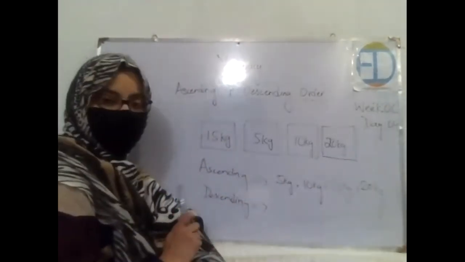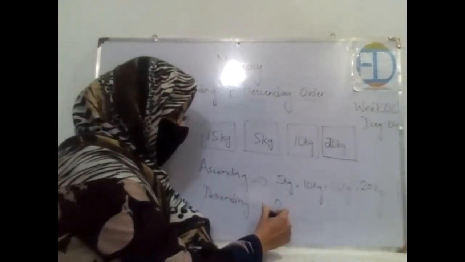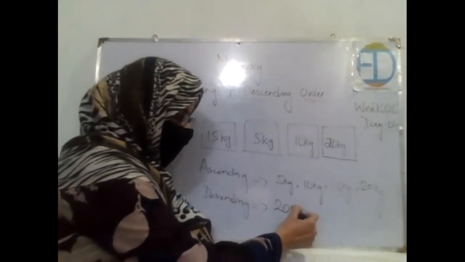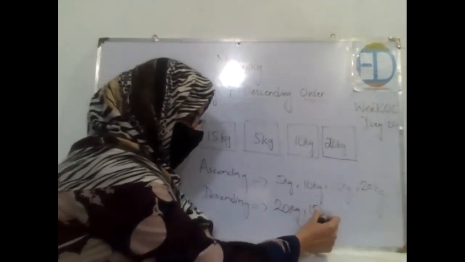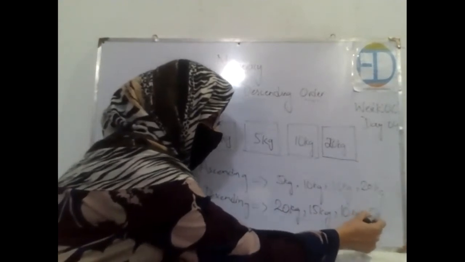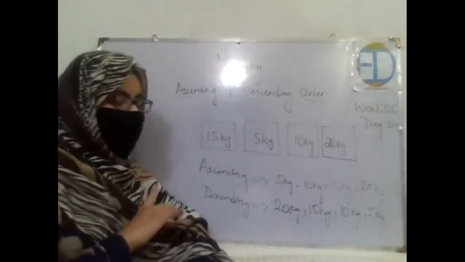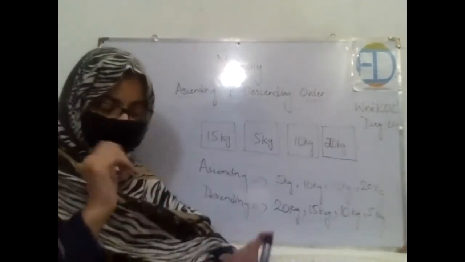Excellent. And who is going to tell me how will we write in descending order? 20, then 15, then 10 kgs, and the last one is 5 kgs. Excellent. So this would be the order we will be following.